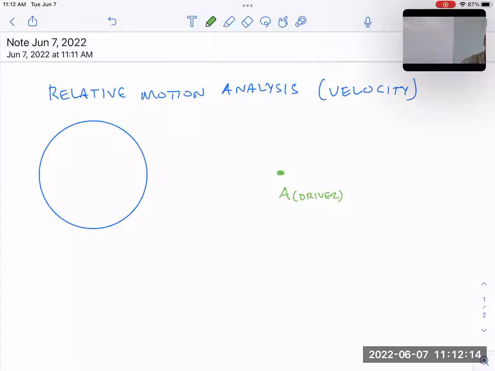And let's give it a velocity here. Rather than put a number to this just yet, I'm just going to say it has some kind of velocity. So the explosion goes off and that point moves. And of course, that has nothing to do with the circle until we say, yeah, it does. Let's go connect it.